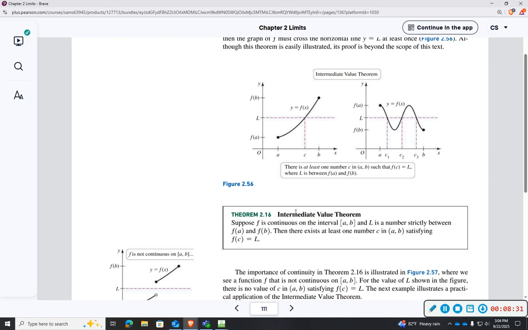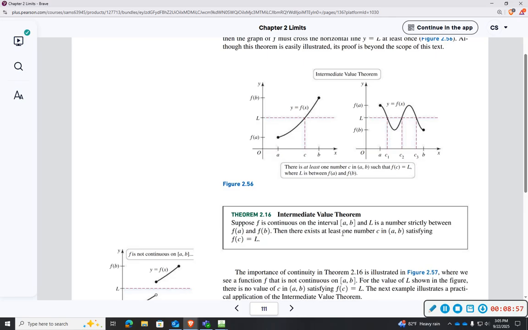The intermediate value theorem says suppose f is continuous on the interval [a, b]. So a is an x value, b is an x value, and L is a number strictly between f of a and f of b. So we're now saying there's a y value between those two y values.